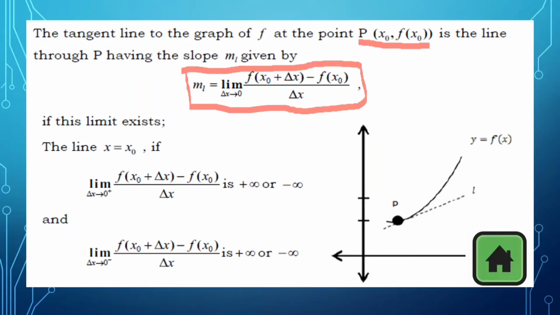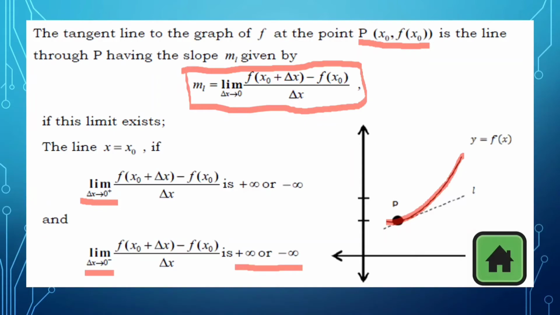So the result is either negative infinity or positive infinity. That is how the tangent line to the graph of a function at a given point was illustrated, and we have come up with the formula of the slope. I hope you take down notes of the illustrations and the formula of our tangent line.